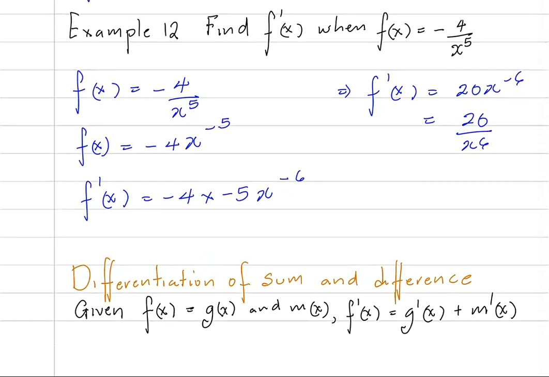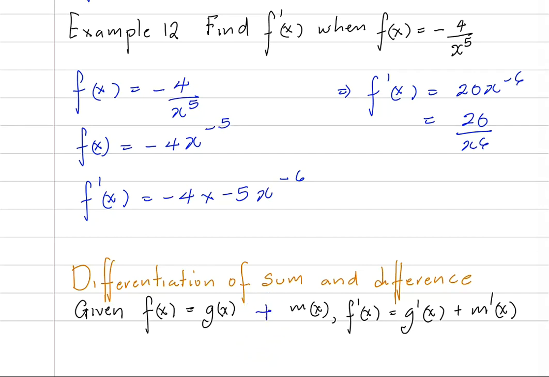All right, so differentiation of sum and difference. All that this is saying is that if you have a function f of x, which is equal to, all right, this probably shouldn't be an and here. What should be here is a plus. So let's see if we can remove this safely.